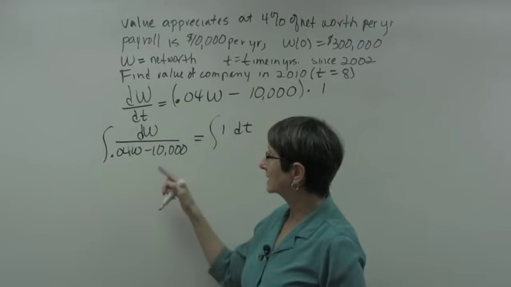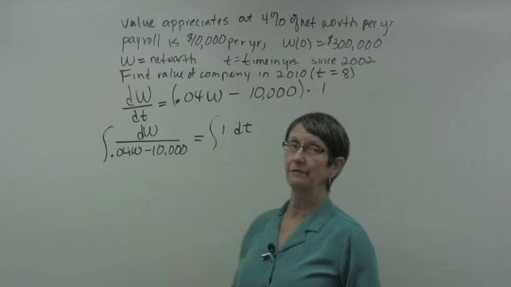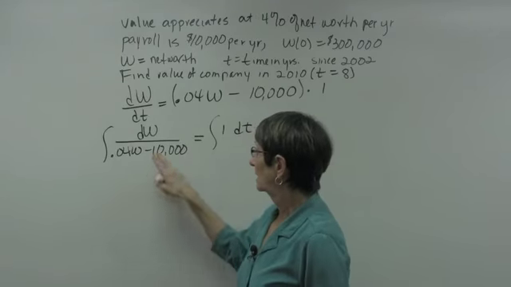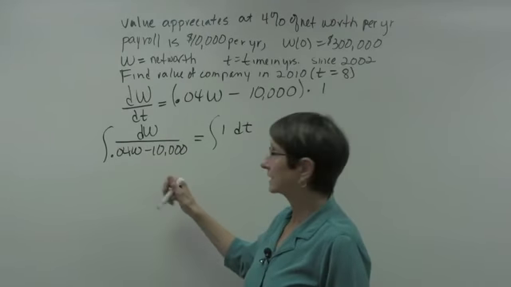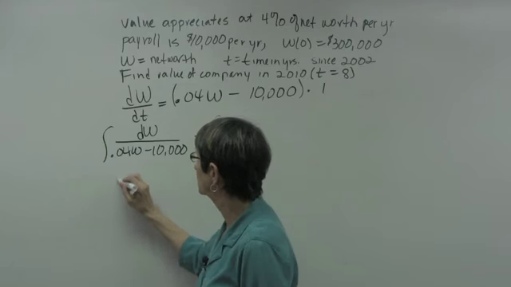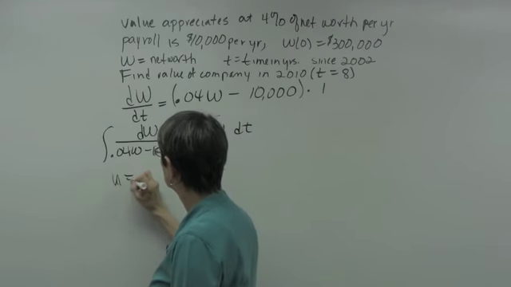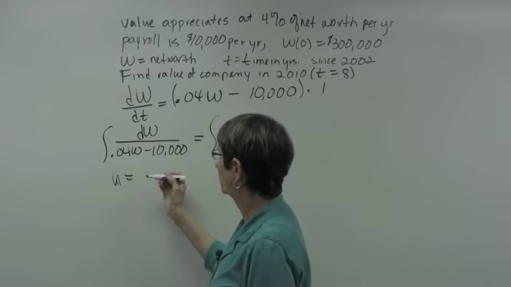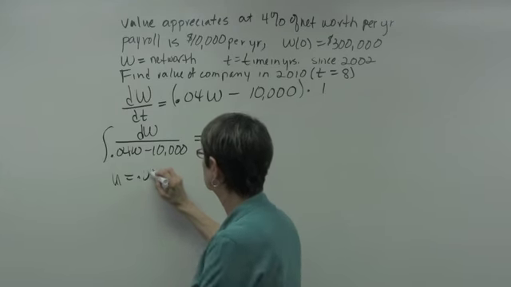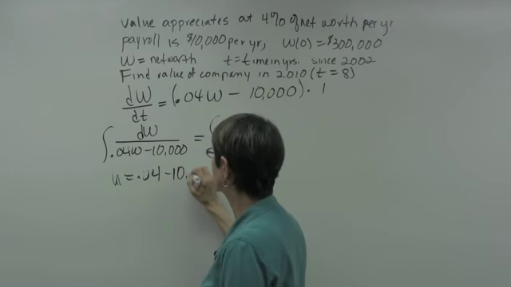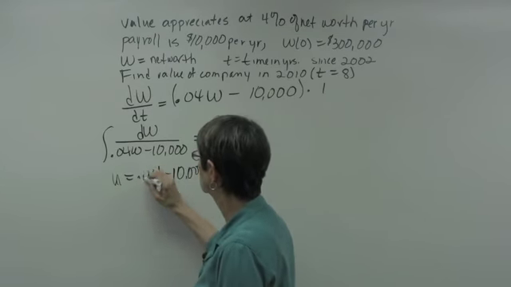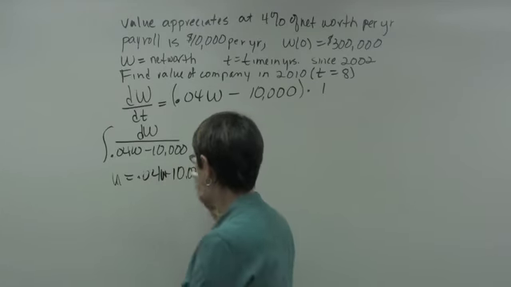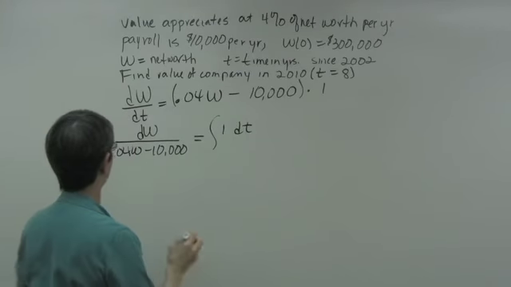So when I take an antiderivative here, I have to use U substitution, dW over all this. So my U, all right, let me try that again.